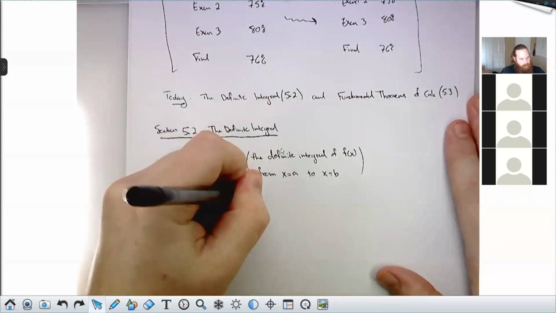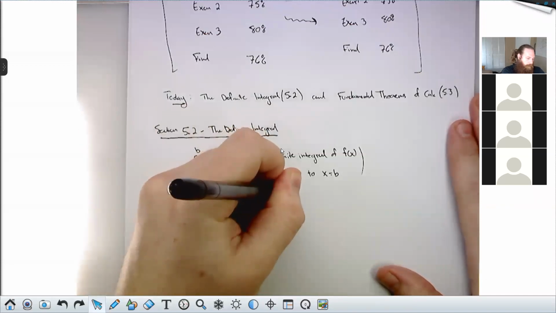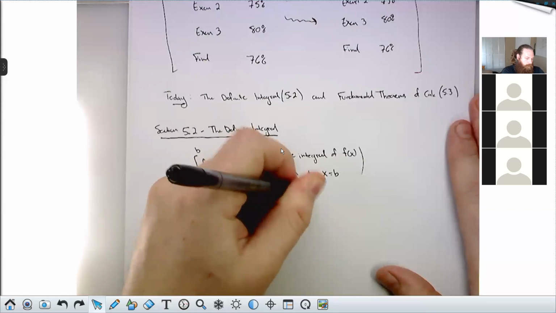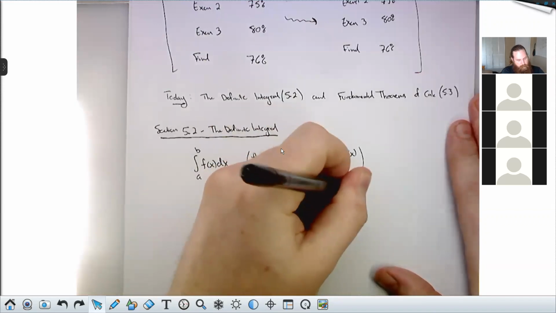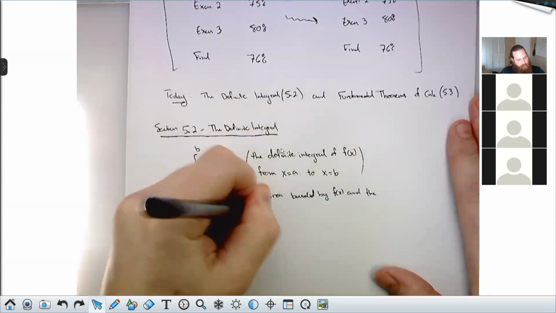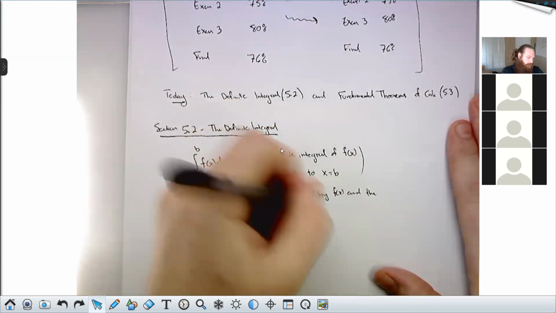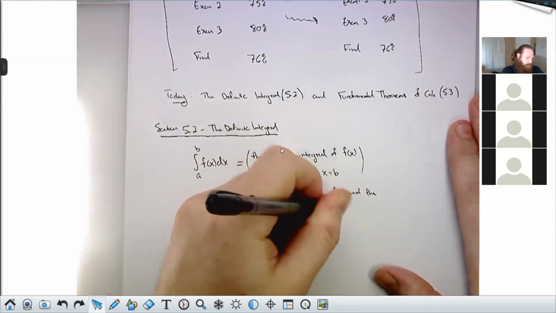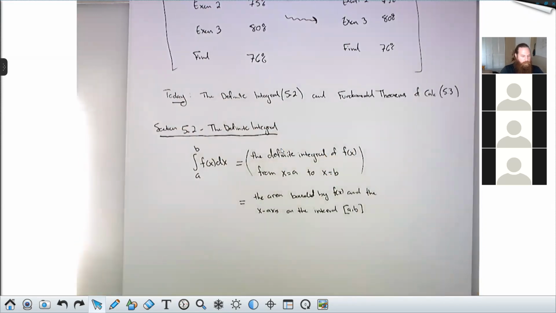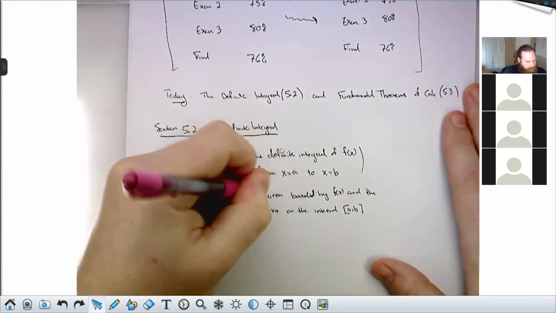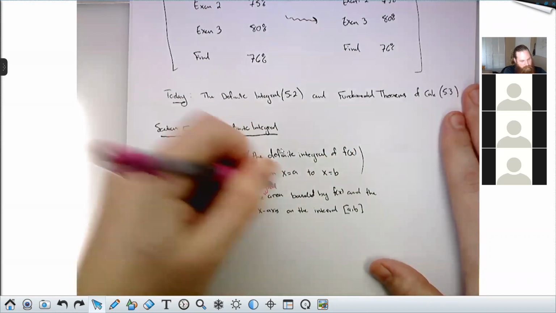Intuitively, it's the area bounded by f of x and the x-axis on the interval a to b. And the only catch with this is that it's really the signed area.